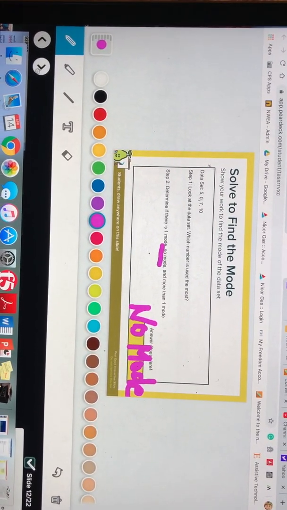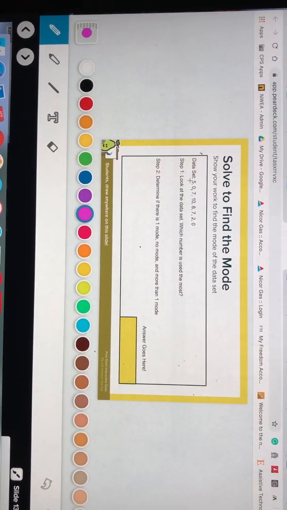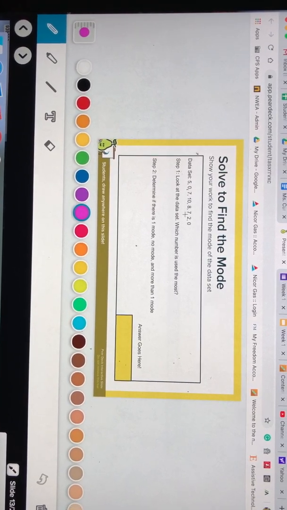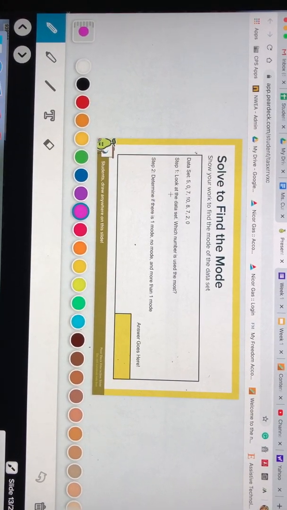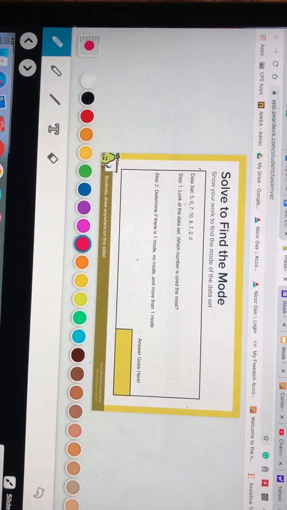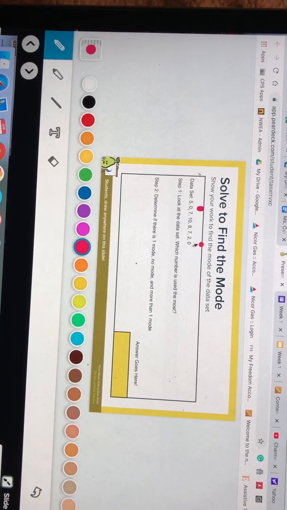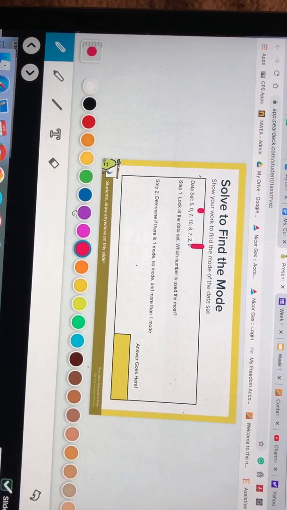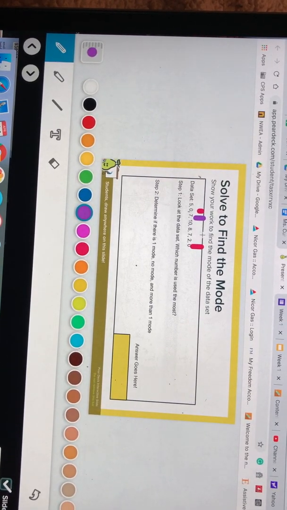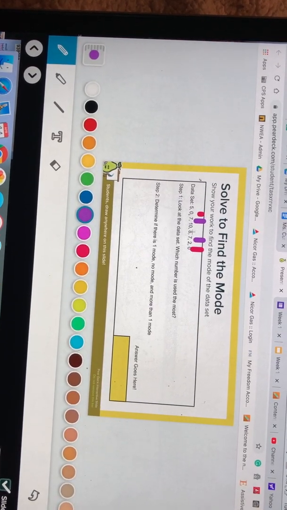Okay. Let's look at our next example. This data set has 5, 0, 7, 10, 8, 7, 2, and 0. Looking at the data set, what number is used the most? I see 0 used more than once. We have zeros here. I see 7 used more than once. Okay. And they're used the same amount of times.